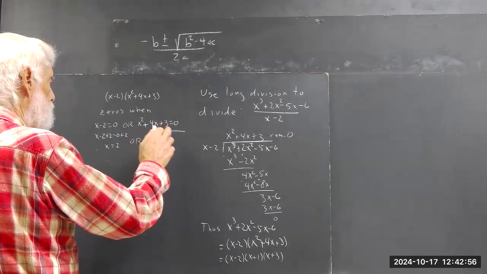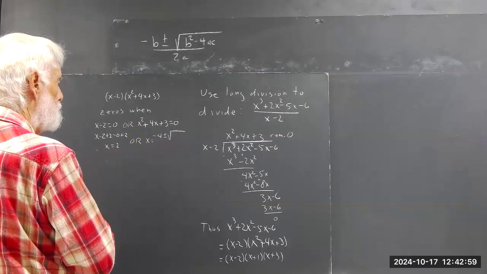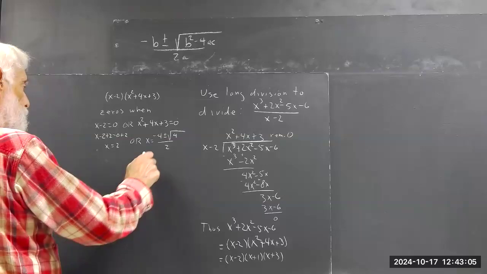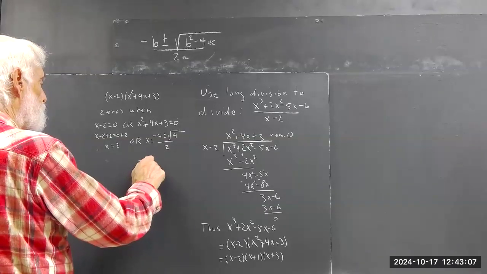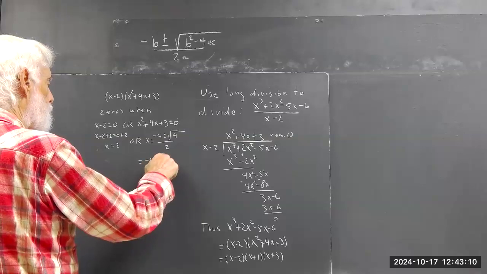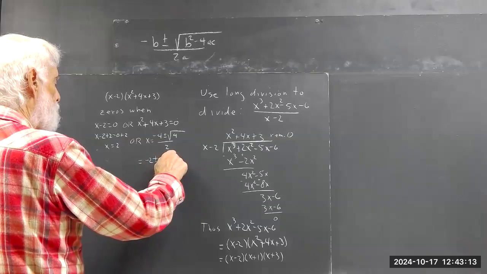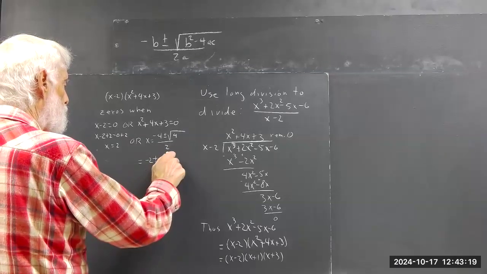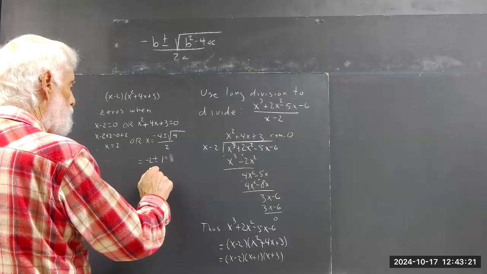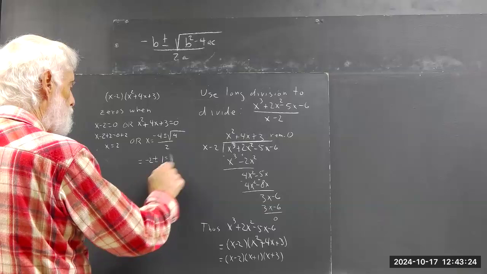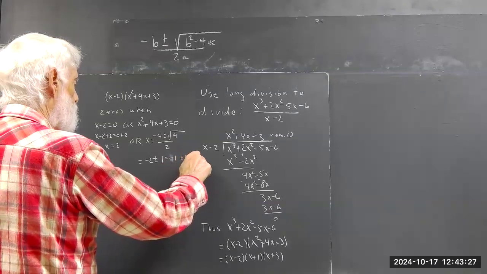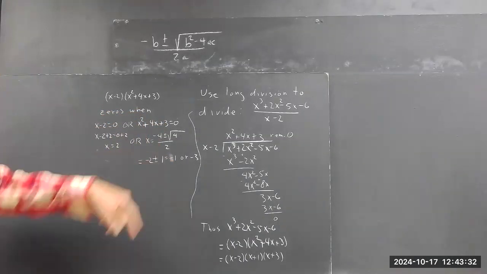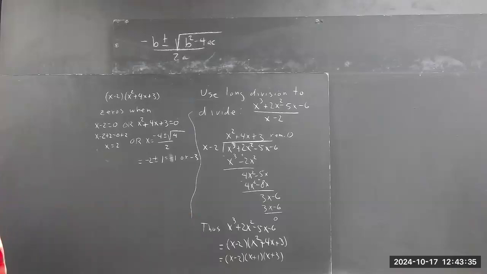And let's see, we're going to have 16 minus 12. Okay, so we just do the quadratic formula. We get -1, -3, right?